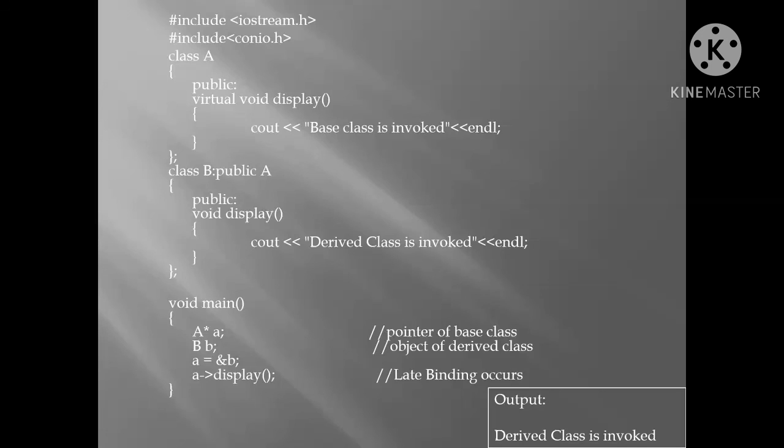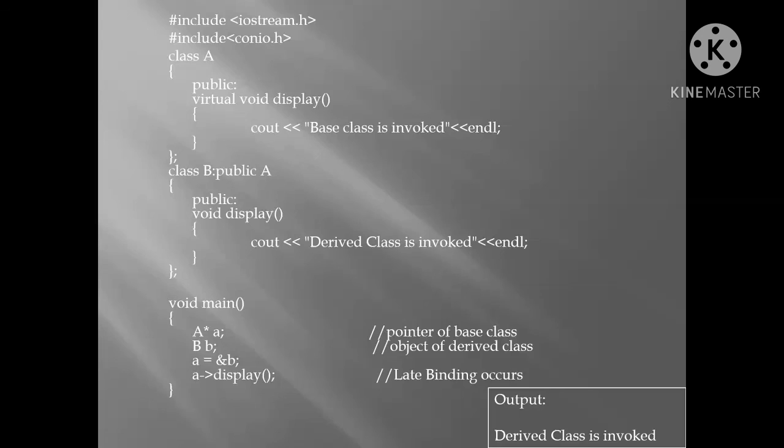Here, as you can see in void main, I have created a pointer object of the base class. Here my base class is A, so I am creating the pointer object *A, small a is my pointer object, and with the help of that object I am accessing the derived class function. So here a = &b, where b is an object of my derived class.